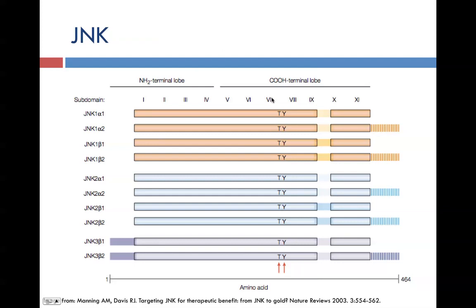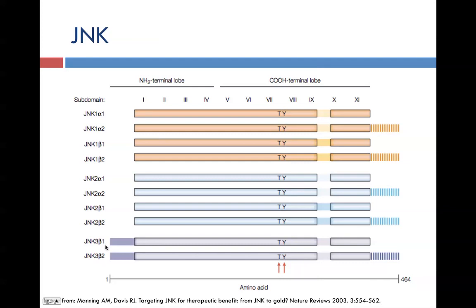So you're going to get JNK activation by phosphorylation and inactivation by serine threonine phosphatases. And specifically, I'm reading from the notes here, JNK1 and JNK2 are found in cells and tissues, whereas JNK3 is only found in brain and cardiac cells.